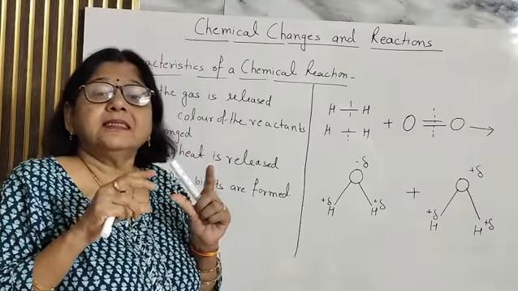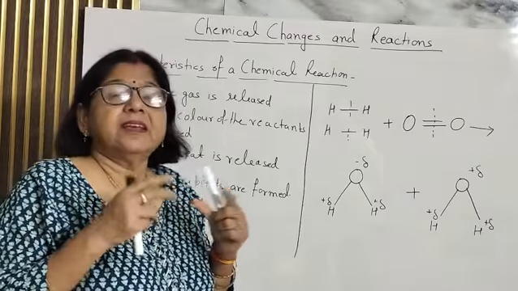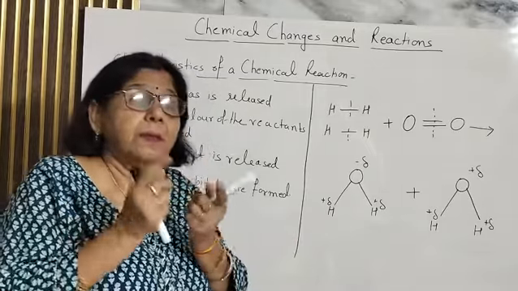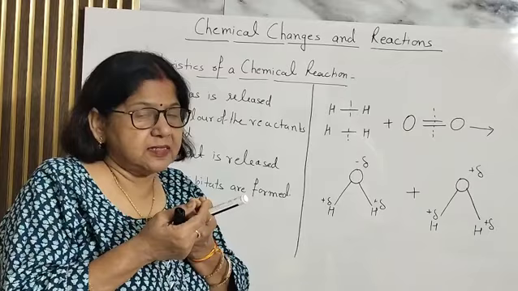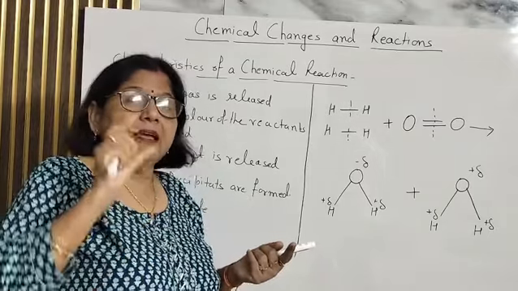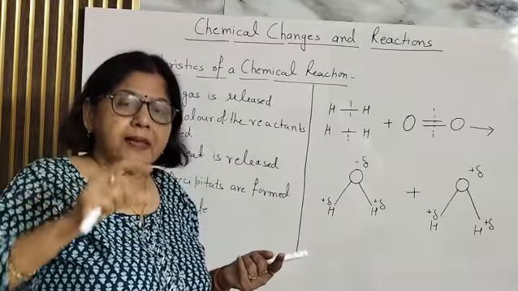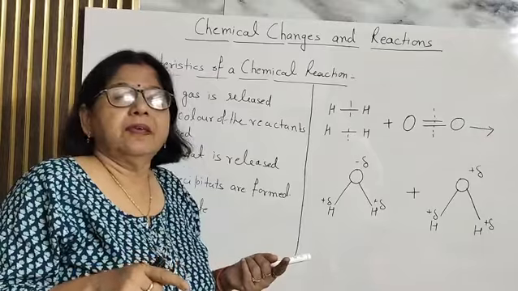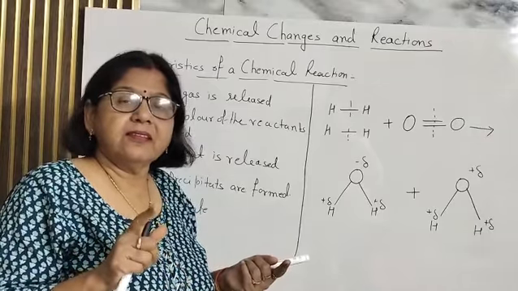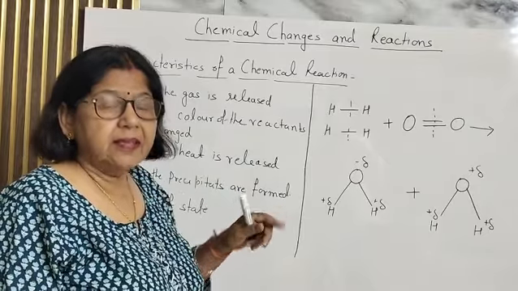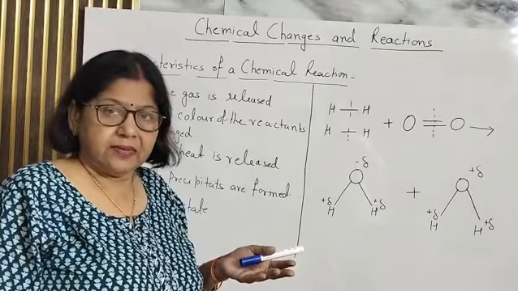What is that gas? Carbon dioxide, which has come out by the fermentation of the cheese. Because the packet is tight, the gas cannot come out. But if the packet of cheese is swollen, it means it is a rotten piece of cheese because it has spoiled. So how do we assess that a chemical reaction has taken place? The gas is released.